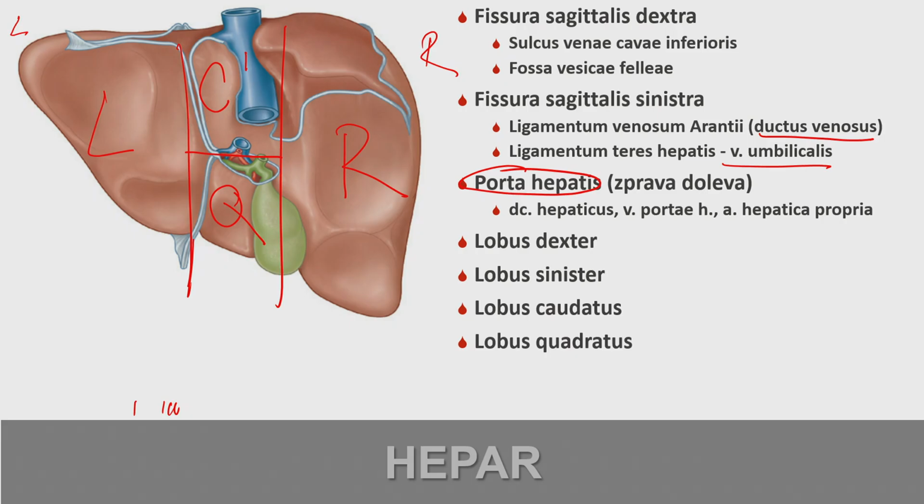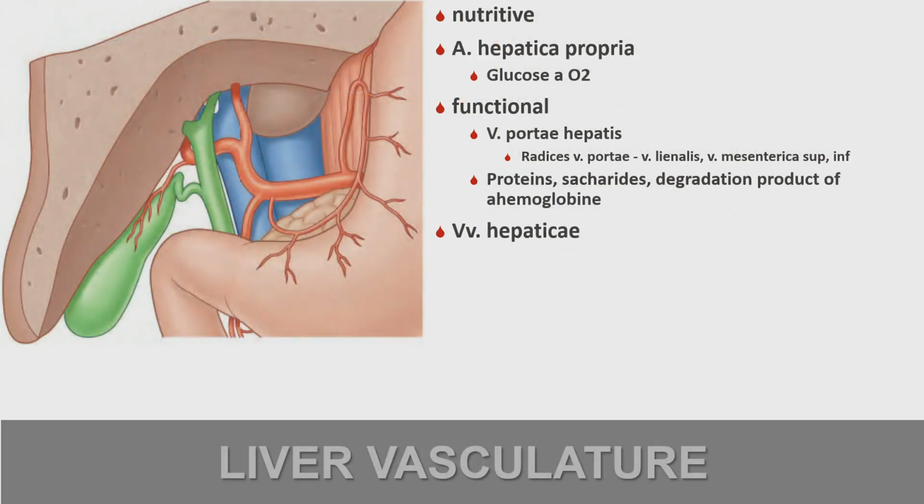Lobus dexter, sinister, quadratus, caudatus. Caudatus is called because it looks like a tail going to the inferior vena cava, and quadrate because it has quadrate shape. So those are main divisions of a liver parenchyma.